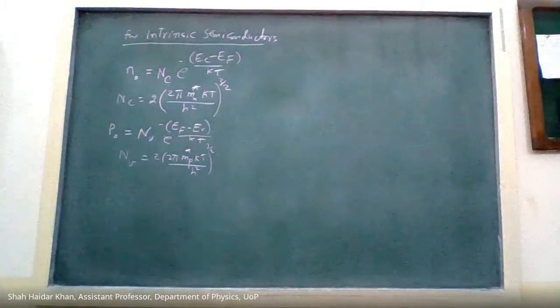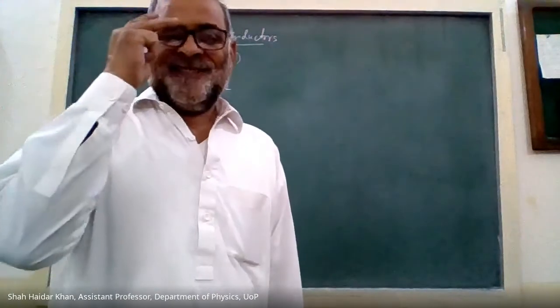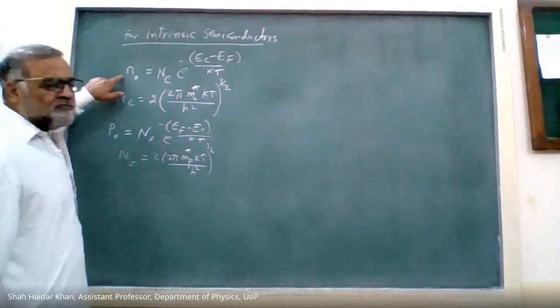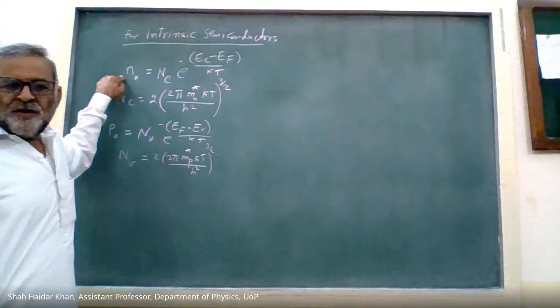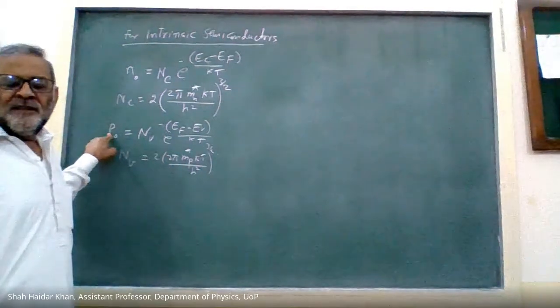Okay, now we should see what is the position. We said N naught is the number of electrons in the conduction band, P naught is the number of holes in the valence band.